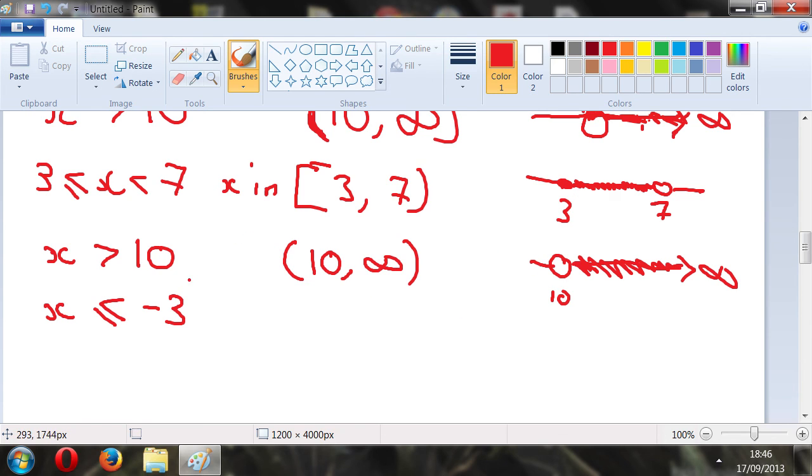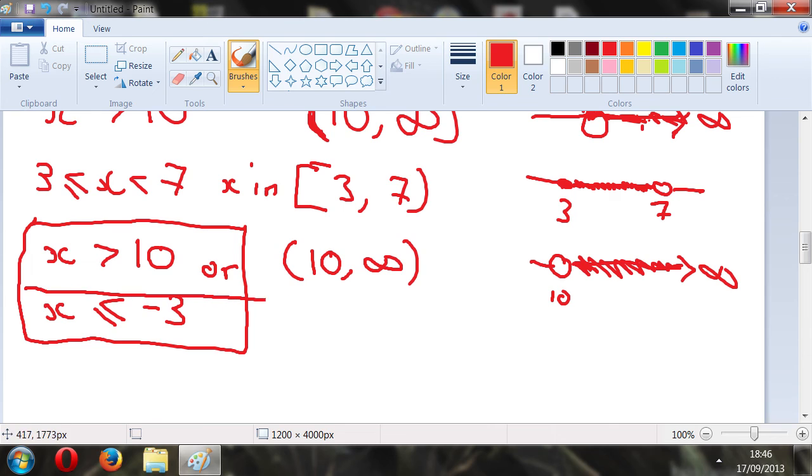Or, so just imagine you're given this statement here. So x greater than 10, or, so that's what it could be. So it's either from 10 to infinity, or x is less than or equal to -3. Okay, so if it's less than or equal, it could be -1,000,000. But of course, we use -infinity, and that has to be open.